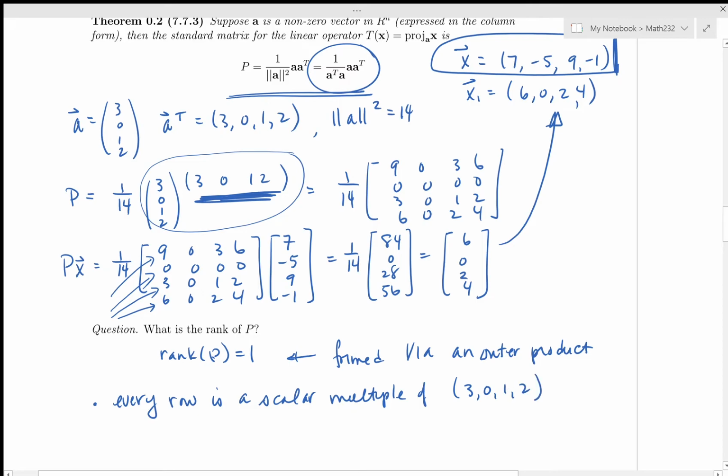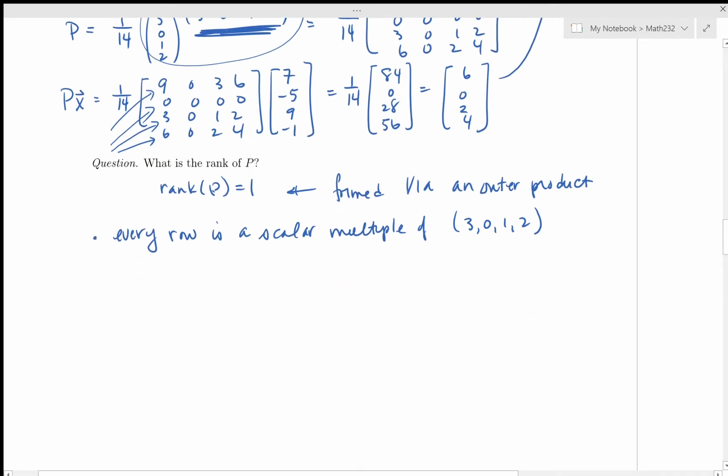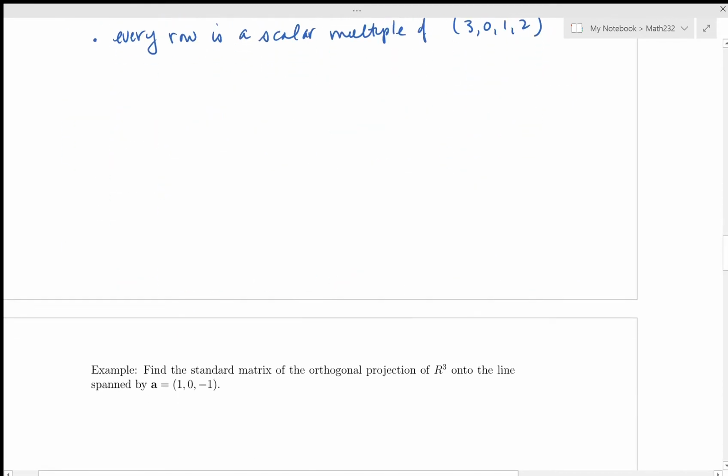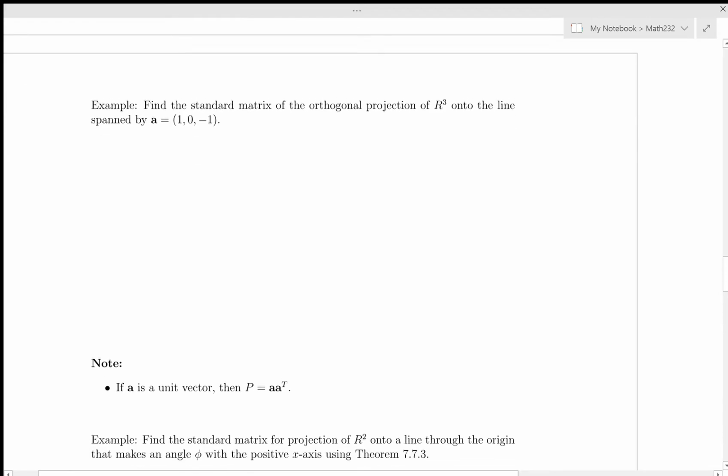Okay, so we're going to do another example. There are two ways of doing this, but in this case we are just going to go directly. It says: find the standard matrix of the orthogonal projection of R3 onto the line spanned by 1, 0, minus 1. So A is a column vector, 1, 0, minus 1, and A transpose is a row vector.